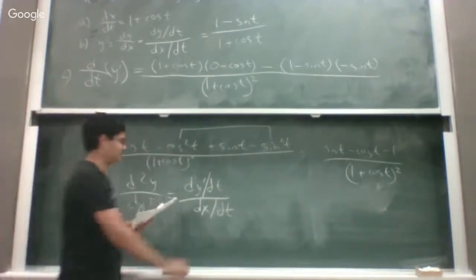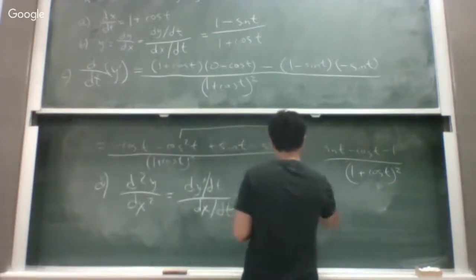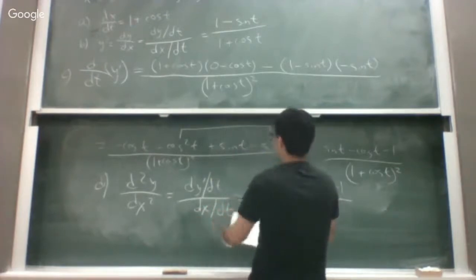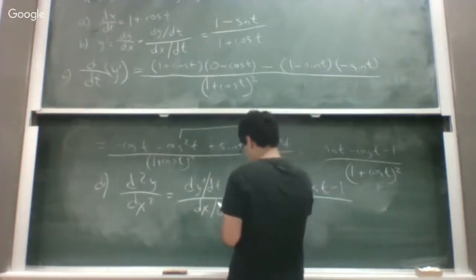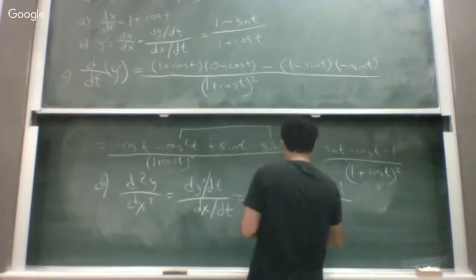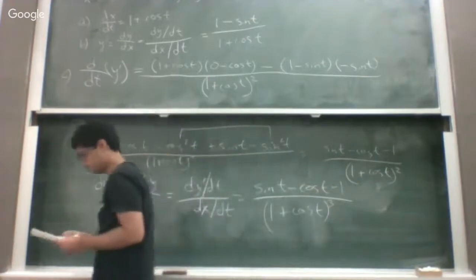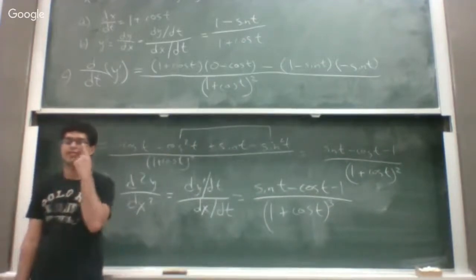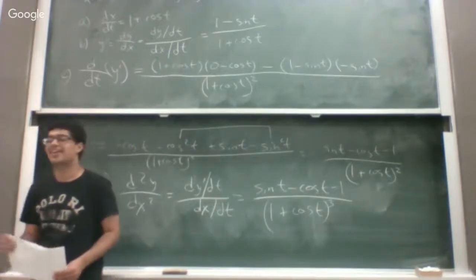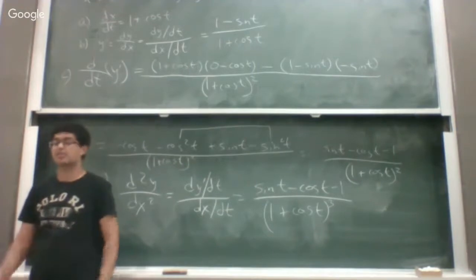That's equal to sine of t minus cosine of t minus 1, divided by dx dt, which is 1 plus cosine of t, times the denominator here. We get 1 plus cosine of t quantity cubed. You guys happy? I'm just kidding. That was good though. You guys found my mistake.